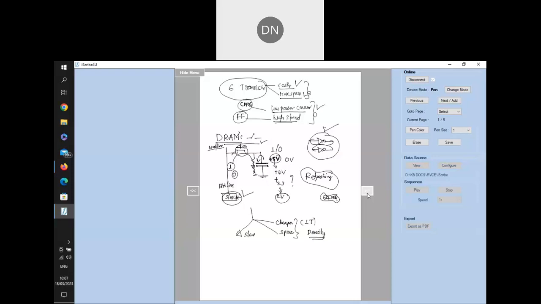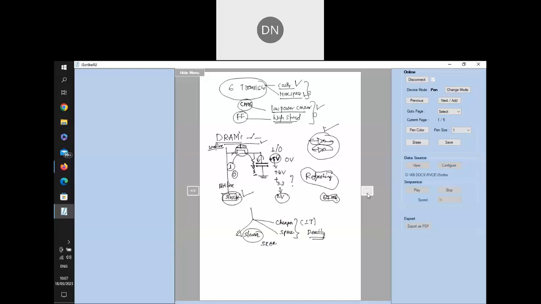It is slower compared to SRAMs, because it requires refreshing. If a DRAM works at 100 nanoseconds, SRAMs work at 10 nanoseconds. If 4 clock cycles are required for a DRAM, 1 clock cycle is good enough for an SRAM. So these are the advantages and disadvantages of SRAMs and DRAMs. Now we have understood how DRAMs are designed.